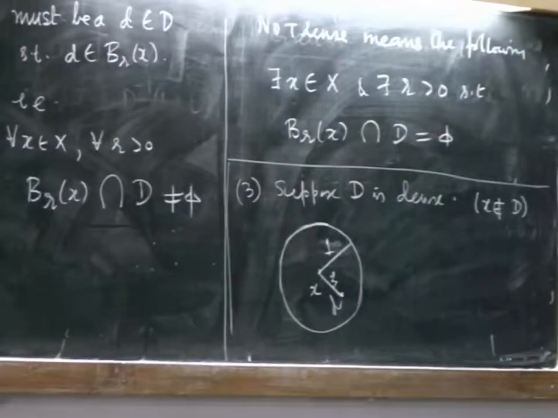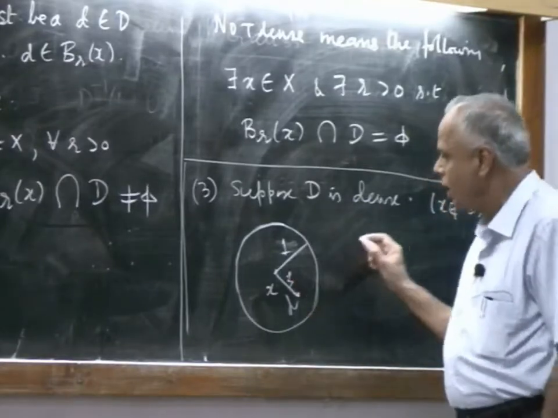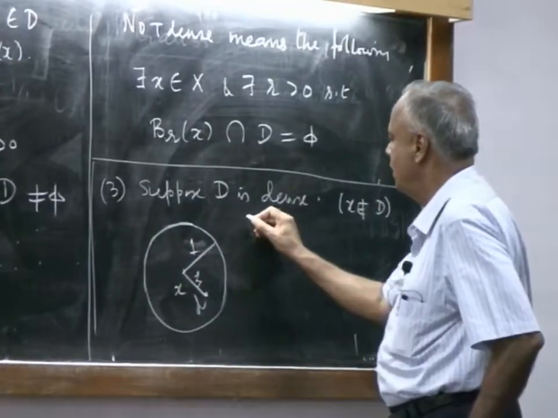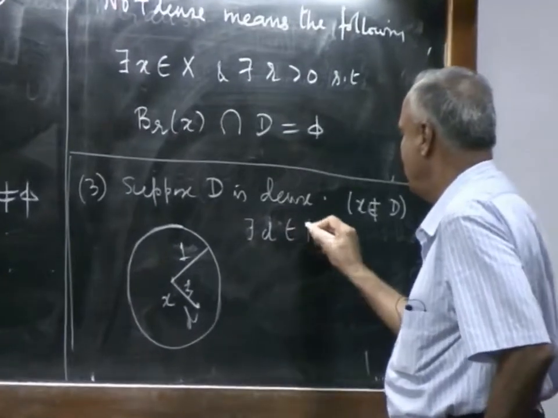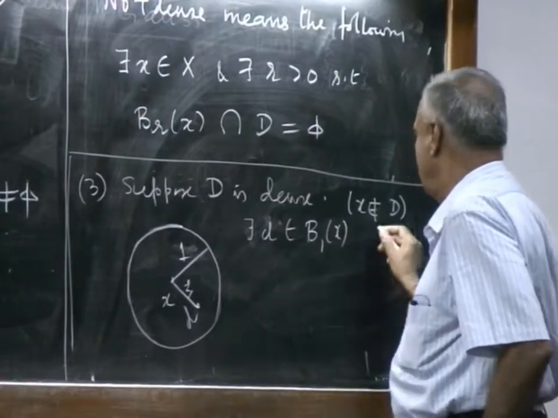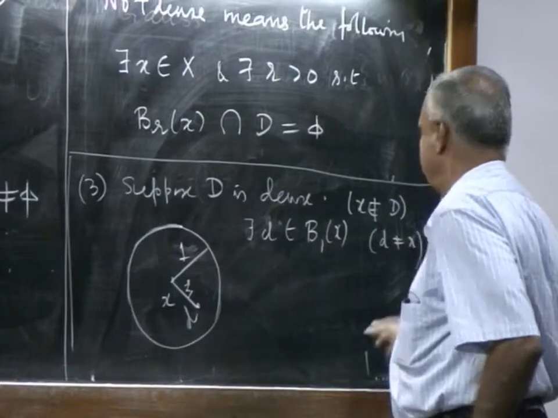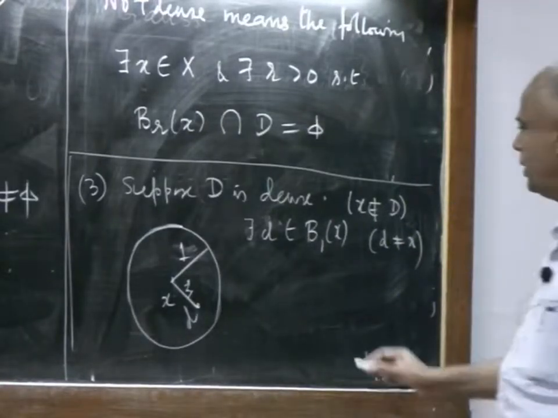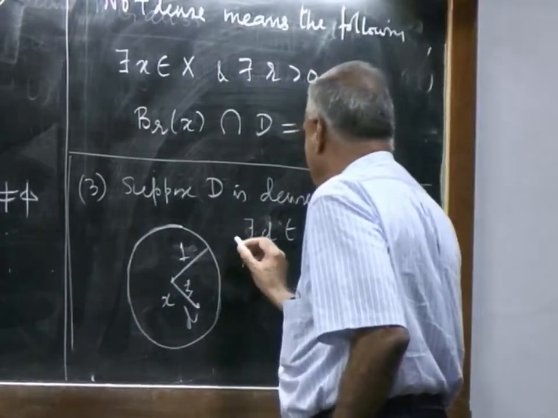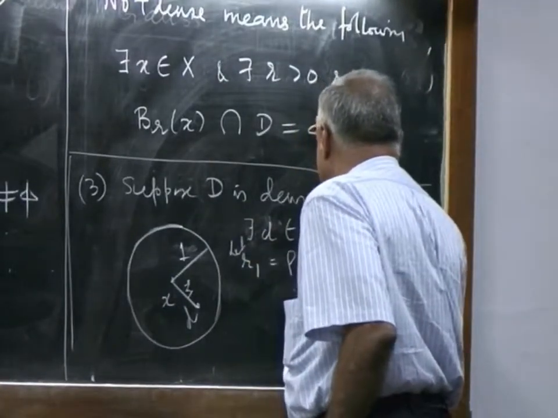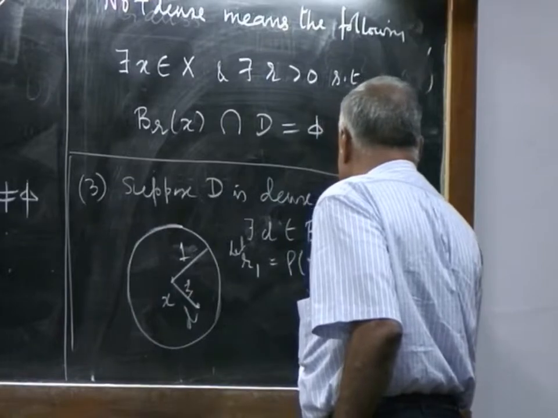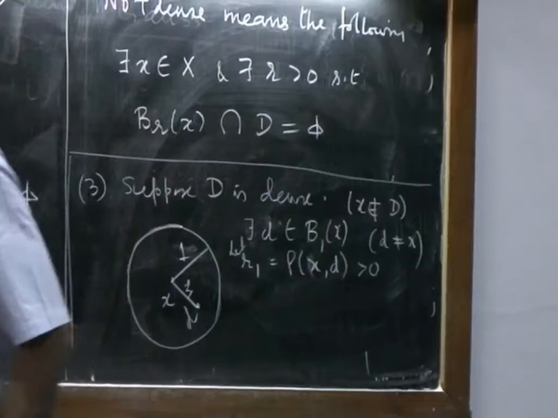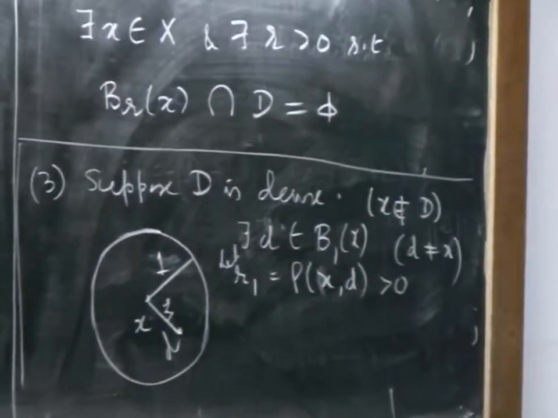Okay. So now suppose D is dense, there exists a d in the ball B(R1, x), d not equal to x, obviously, because x is not in D. So let R1 be the distance between x and d, and this is strictly positive because x and d are different.